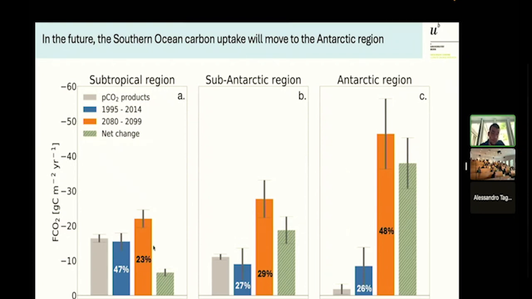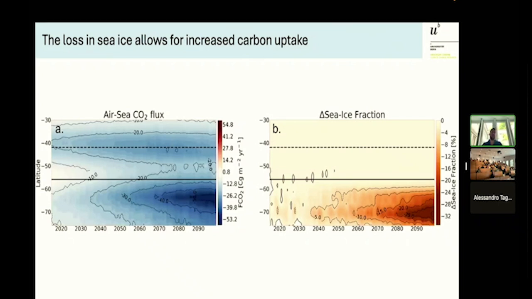But the subtropical region, where most of the uptake happens at the moment, will only be responsible for a quarter of the uptake. And now at the end, half of the uptake is going to happen in the Antarctic region. And the reasons for this are complex. And as I said, I didn't have time to read and understand everything, but a large part of this difference, of the moving of the uptake from the northern Southern Ocean to the southern Ocean, is linked to the change in the sea ice fraction.